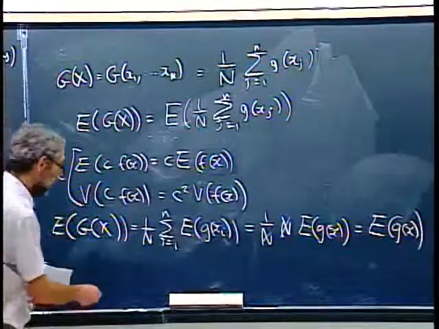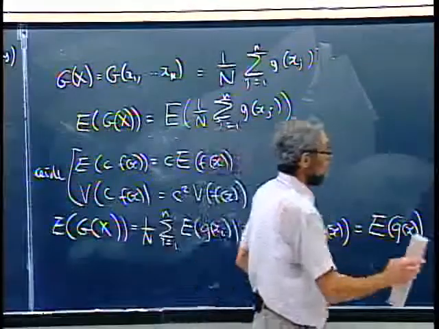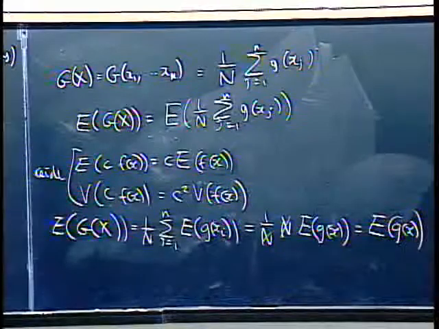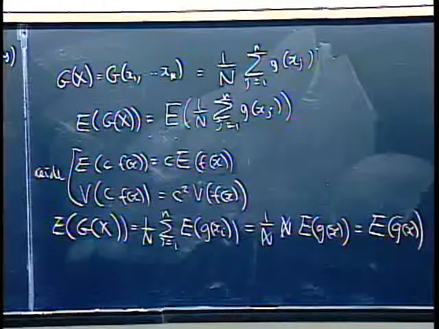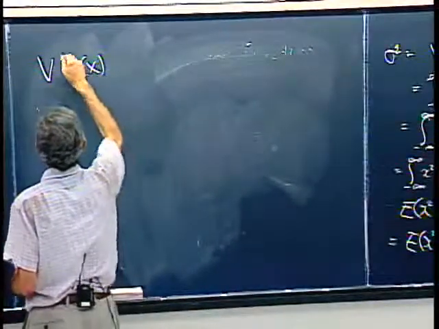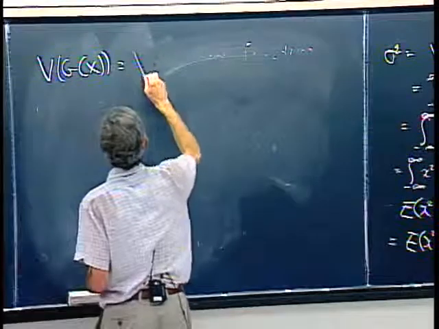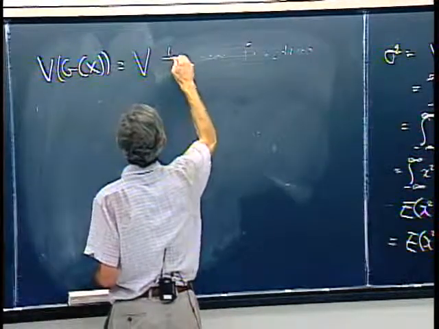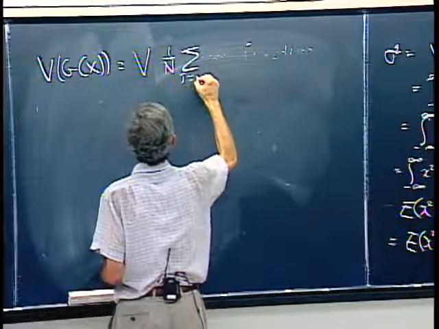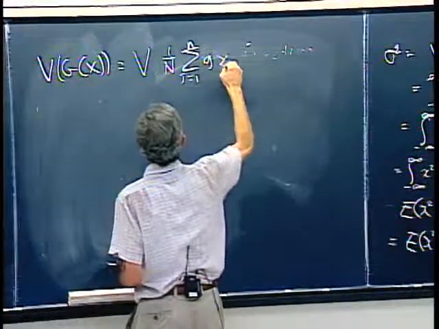So what I want to show is repeated trials decrease the variance. And so for that, I'm going to use the formula for the variance of the sum. So the variance of g of x is the variance of 1 over n times the sum j equals 1 to n of this g of xj.